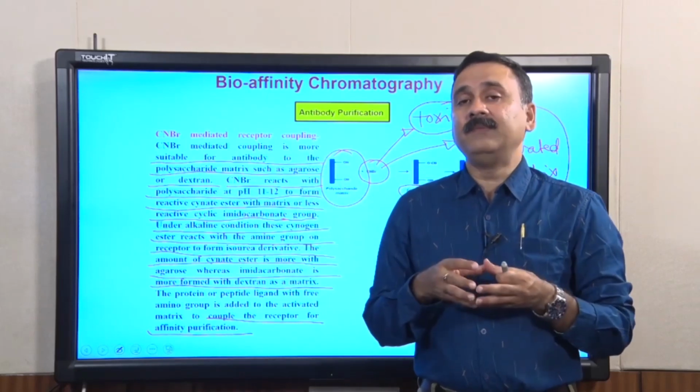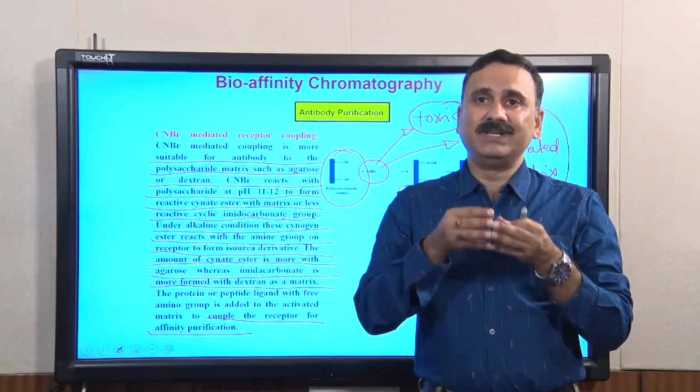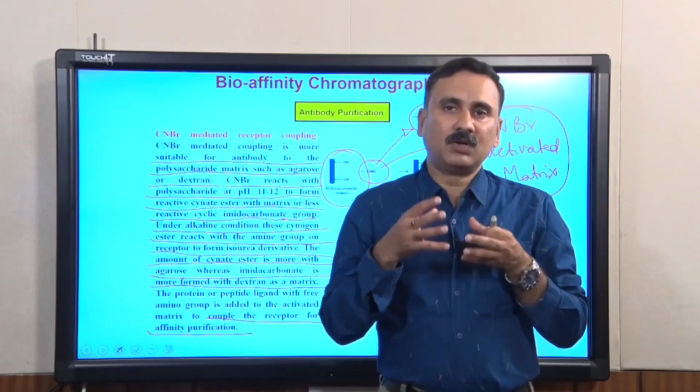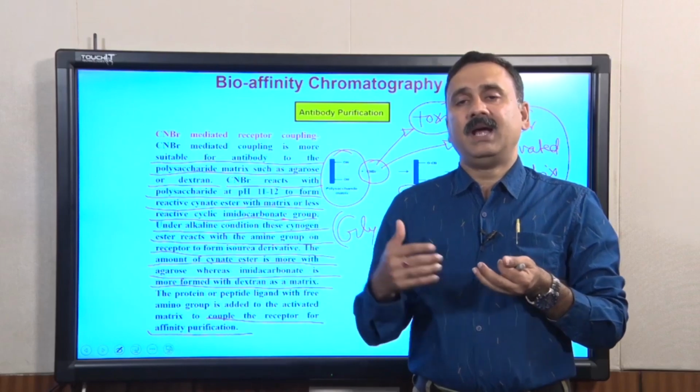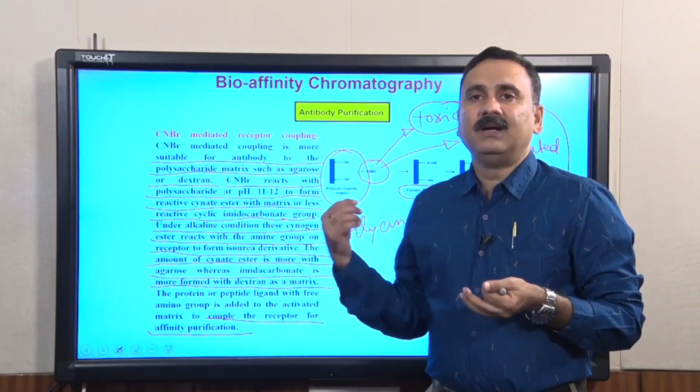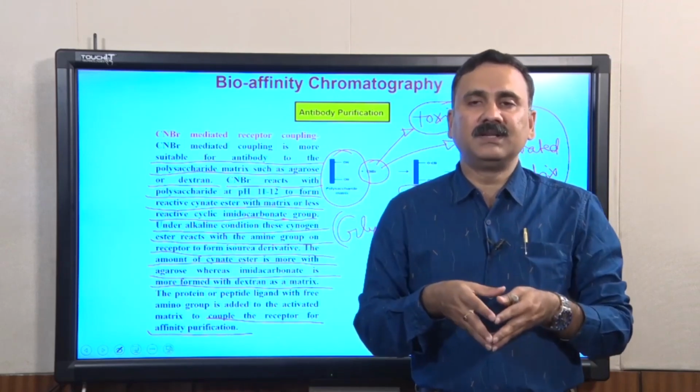Once that is over, you are going to deactivate all the activated groups present on the matrix, and you do that simply by adding glycine. You know that glycine is the simplest amino acid, but it also contains a free amino group. Once your coupling reaction is over and you have the antibodies or antigen coupled onto the beads, you have to deactivate all other functional groups still available to bind the ligand, and you do that by adding a large quantity of glycine into the reaction.